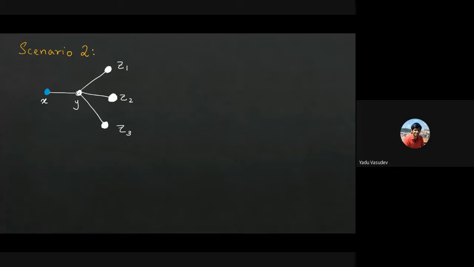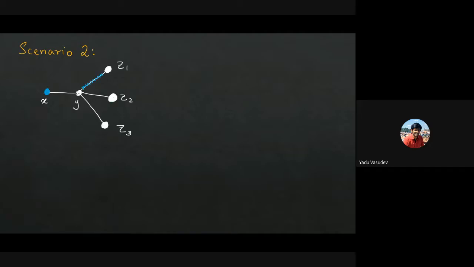So let's look at this case here, where y has no neighbors in the independent set. This is the second scenario where you have x, and then you have y and z1, z2, z3, where none of them are actually in the independent set. Now what can happen? Let's start with this edge here.